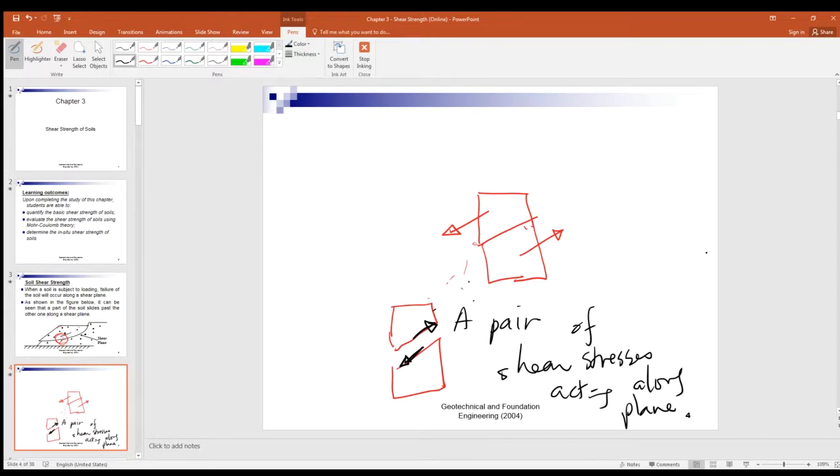But soil is made up of what? Soil grains, soil particles. And sometimes there are air voids in between. And also sometimes some moisture is kept within that space, in the voids of the soil particles.